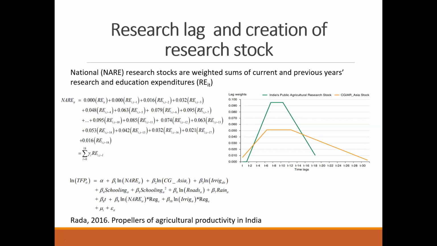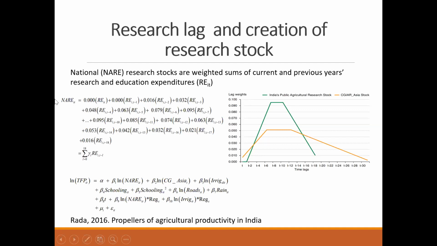Then it is declining from T minus 11 to T minus 18, as this is the period of decline in research impacts. He has taken these weights, like 0.00, 0.00, 0.16 up to lastly 0.16, such that the summation will be 1, based on the assumption that each $1 invested in research expenditure will finally affect TFP by only 1 unit.